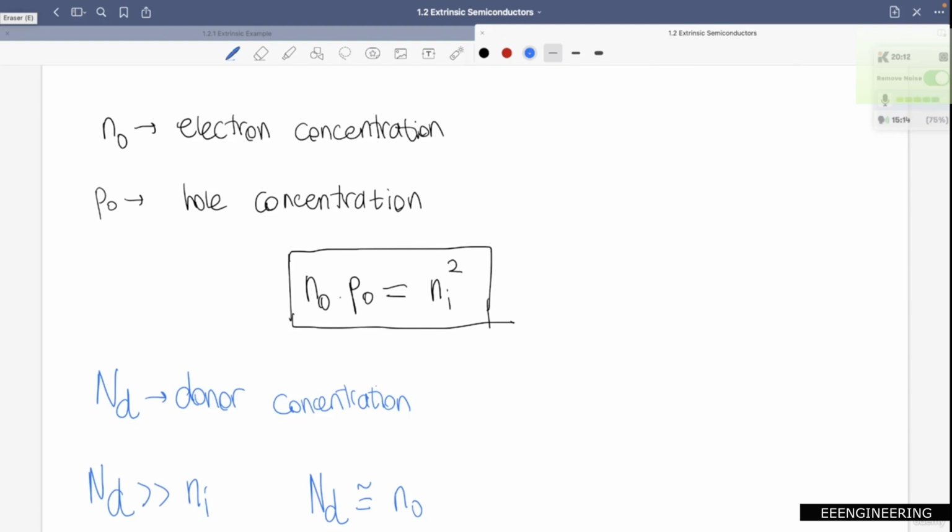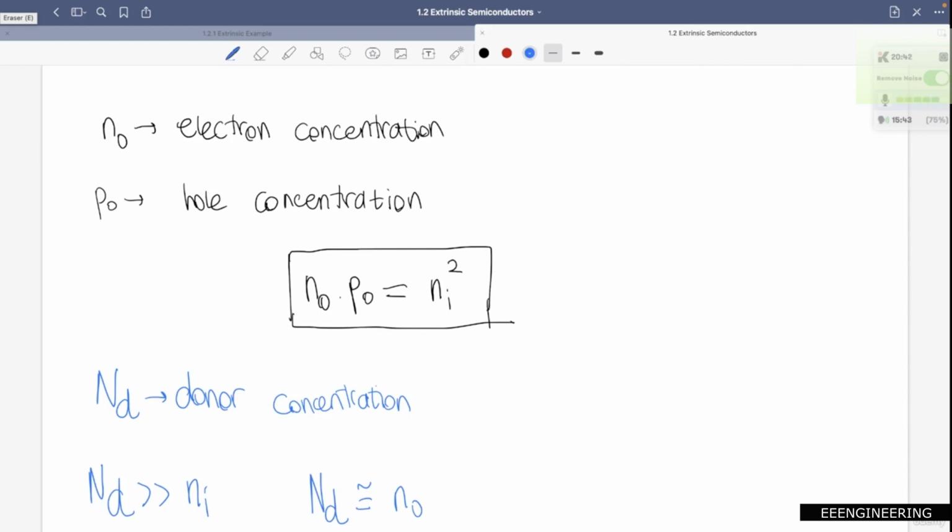In an intrinsic material, the intrinsic carrier concentration is nearly equal to the electron concentration. If you have too many donors and add that impurity to your material, all the electron concentration could be defined as the donor concentration. That is a better definition.